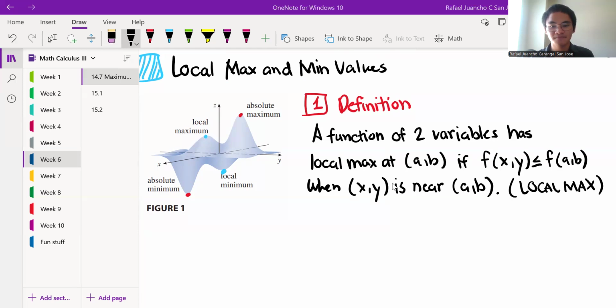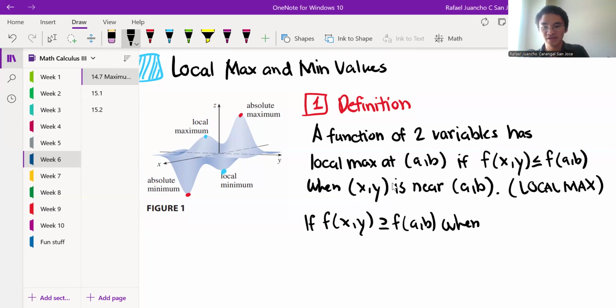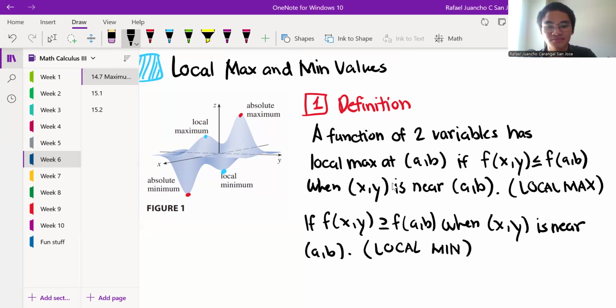And then if my set of xy points are greater than my output of AB, when xy is near AB, using that near thing again, well then that's our local min, right?